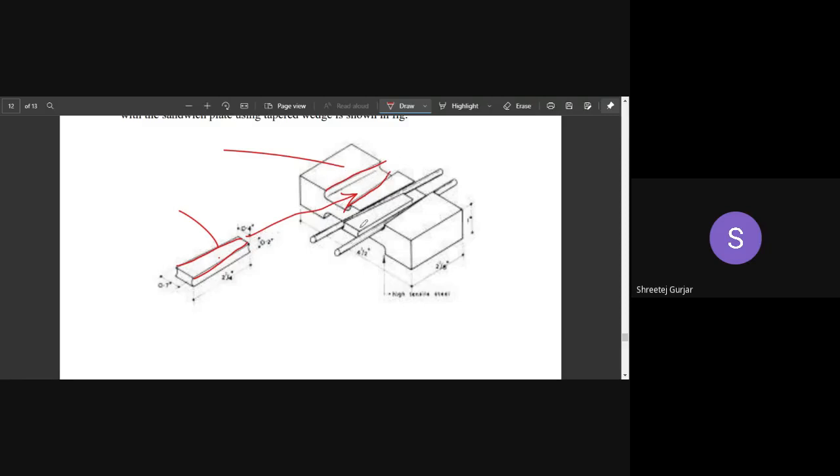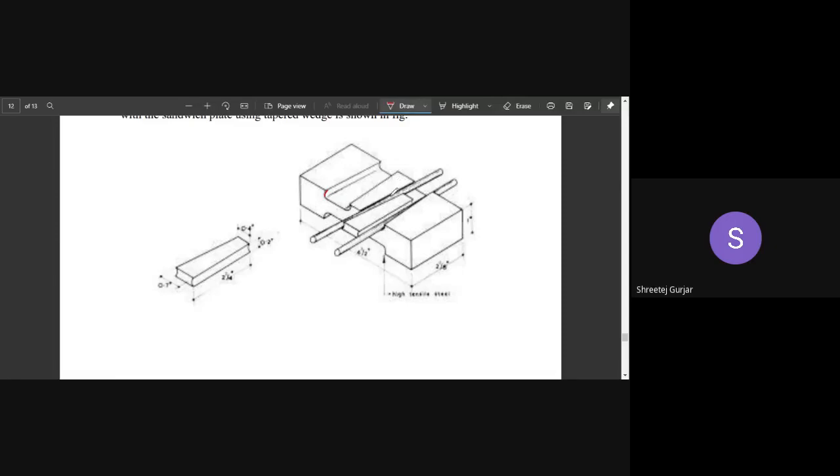In this image, you can see they have placed your wedge, and there is a groove over here and a groove over here. The groove is there so that you can place your pre-stressing steel wire through it. Through those grooves, and by using the wedge, you can anchor two wires in each groove.